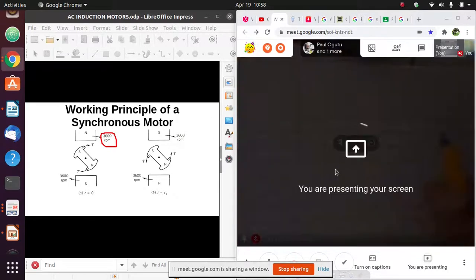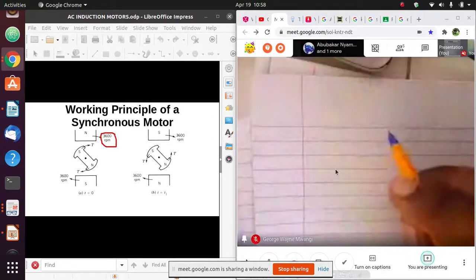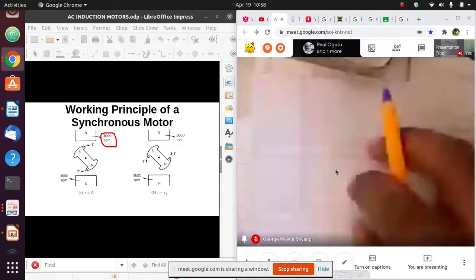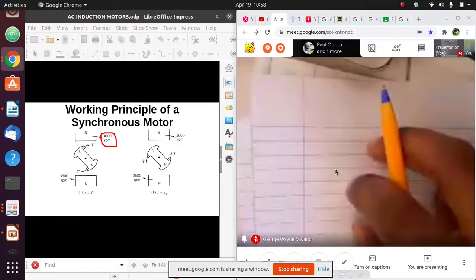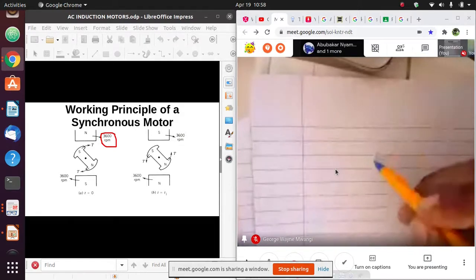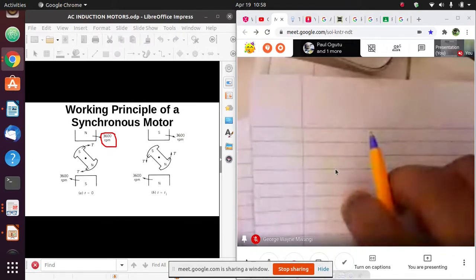Tell me if you're able to see my screen vizuri. You can see what I'm writing. Ama iko blur? Haionekani vizuri. So what can I do?